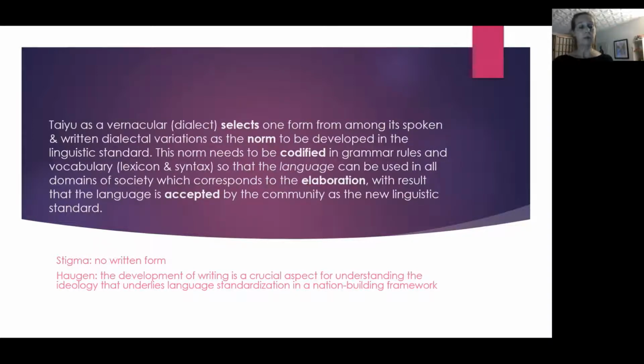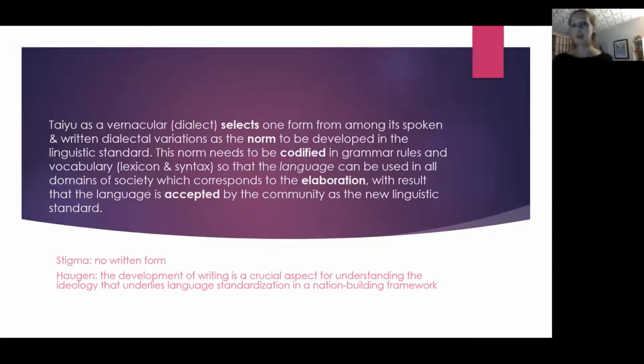How can we picture this matrix model within which we are going to look at the transition from a vernacular, a spoken language with dialectal status, in its quest to become a language, a standard on the national level?